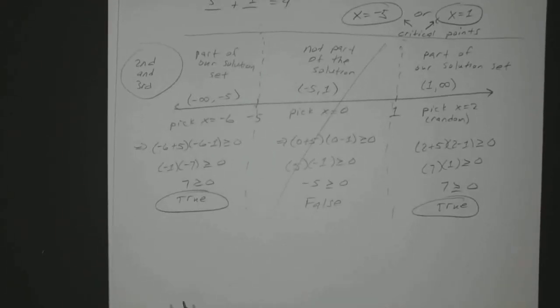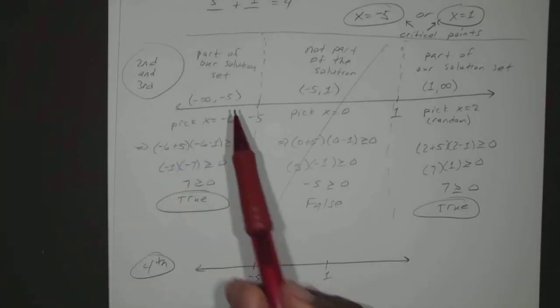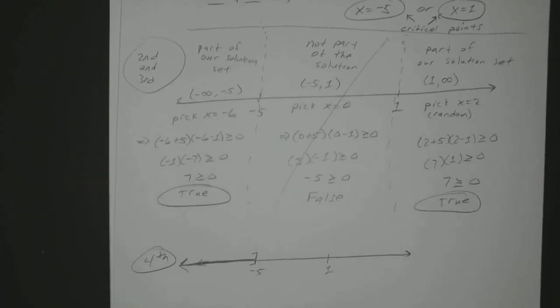If we were to graph our solution set, you can put it in the fourth step. If you put in your critical points of negative 5 and 1, from negative infinity to negative 5 is in our solution set, so everything here, and from 1 to infinity is in our solution set.